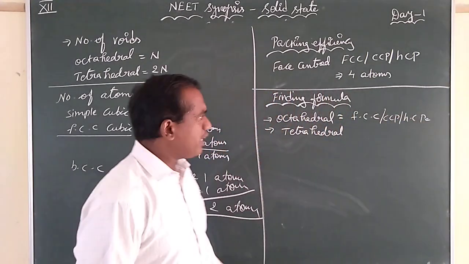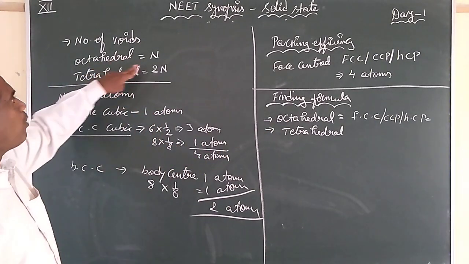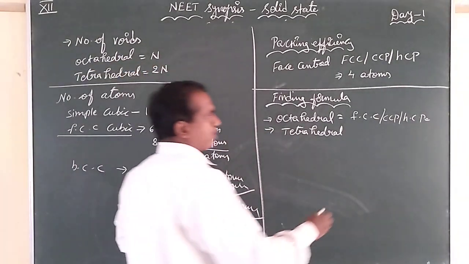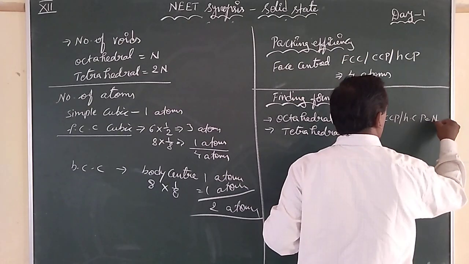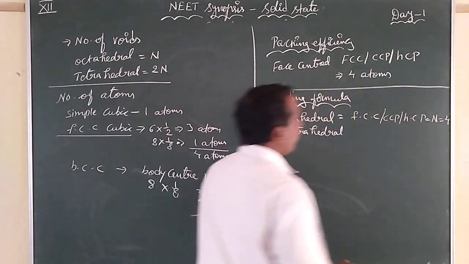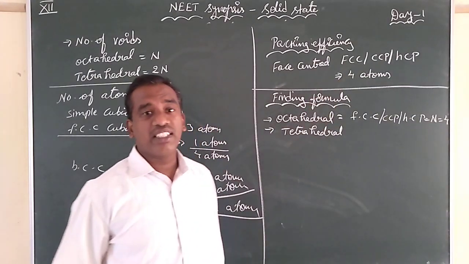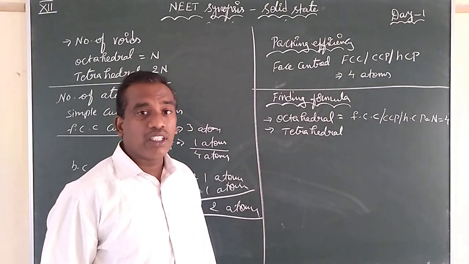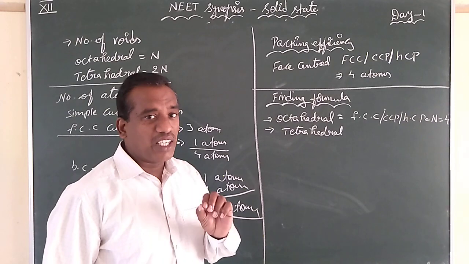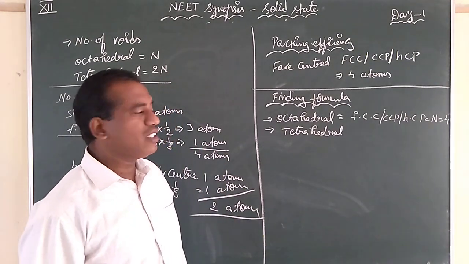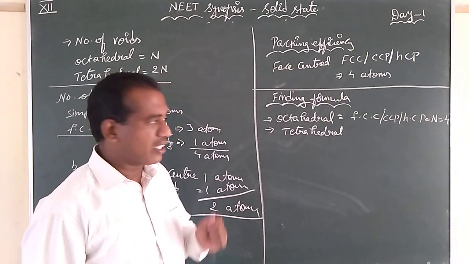What we came to know is that the number of octahedral voids is represented as n. Its value is equal to the number of atoms present in the FCC type of arrangement. In that, 4 atoms are there.